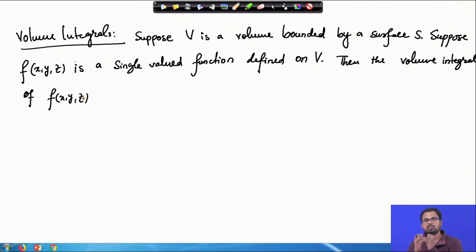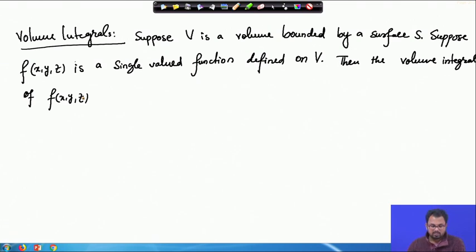You consider sub volumes on V, sum the volumes of those sub volumes times f, and take n tends to infinity, and that gives you the volume integral. The motivation is pretty much the same as for functions of one or two variables, so I am just writing the notation, because our main target is to practice a few examples, as we have very few lectures left.